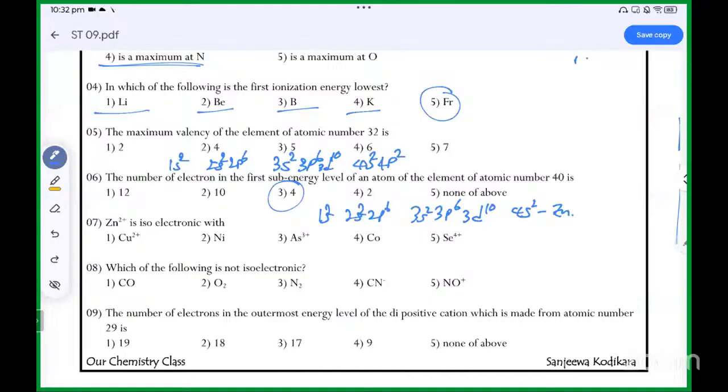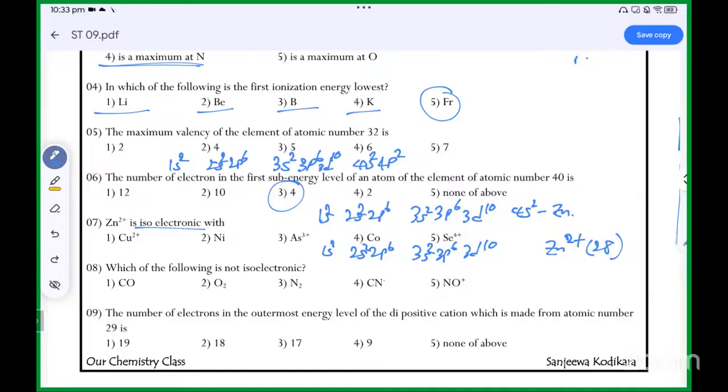Zinc 2 plus is 1s2, 2s2, 2p6, 3s2, 3p6, 3d10. So this is zinc 2 plus, right? And this is having 28 electrons. Isoelectronic means the same number of electrons. That is the meaning of isoelectronic.